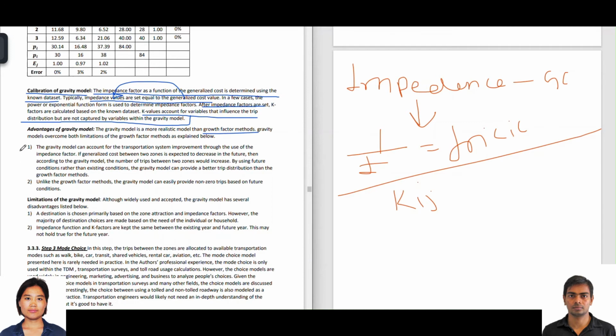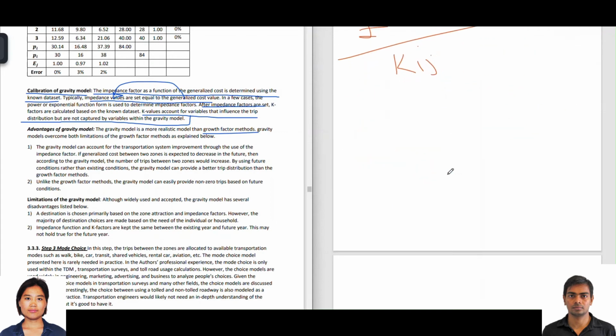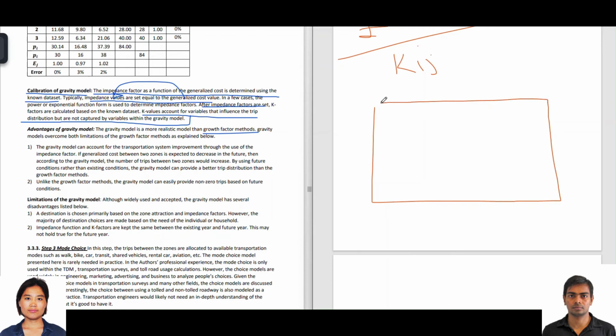Advantages of gravity model: the both limitations of growth factor method are resolved in gravity model. The first limitation was the growth factor method is based on base OD, and it does not capture the future transportation network and future developments properly, whereas gravity model explicitly covers them by use of generalized cost and travel time. So let's say in future there are new roadways that are going to pass, and the travel time on this roadway can be estimated using certain functions we will see.